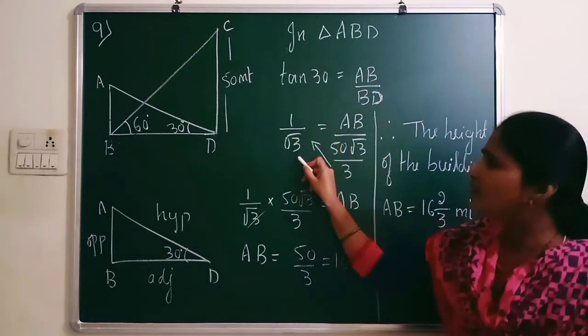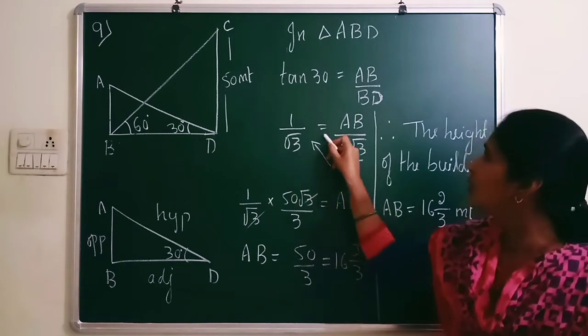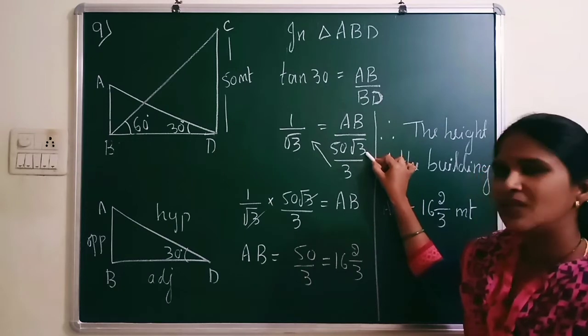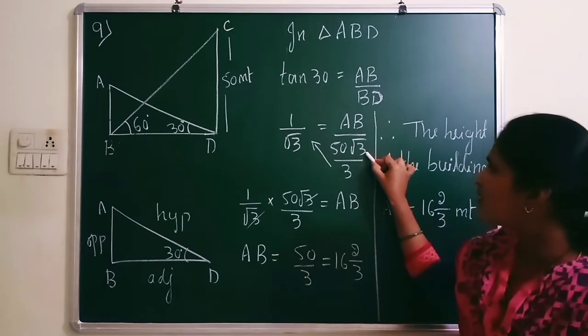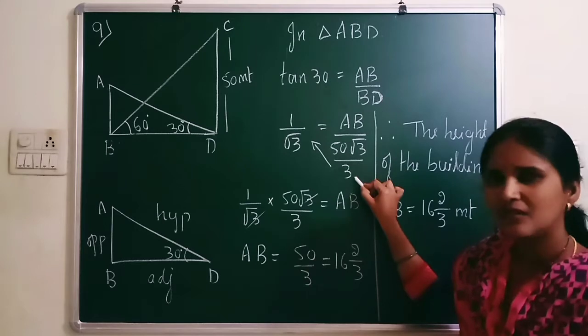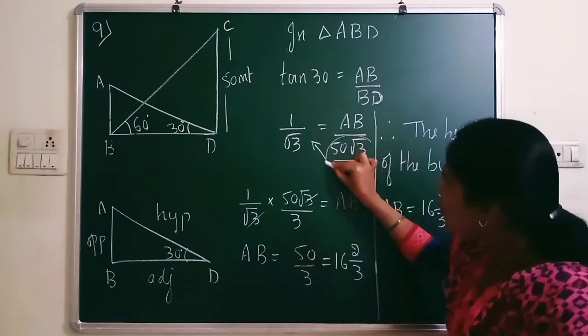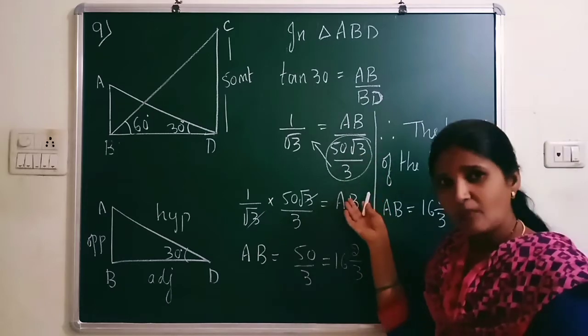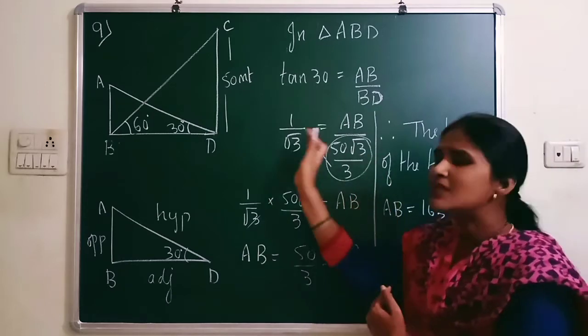So, what is tan 30? Tan 30 is 1 by root 3 equals AB divided by BD, whose value we just found from the previous triangle, that is 50 root 3 by 3. Now, if you send this whole part to the other side, because it is in the denominator, division becomes multiplication.